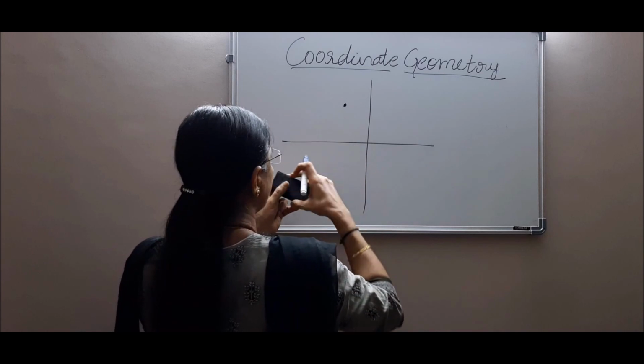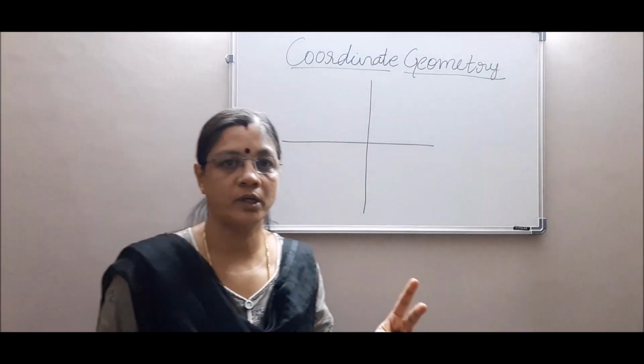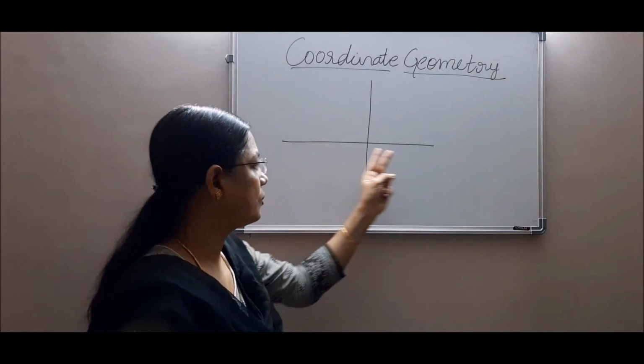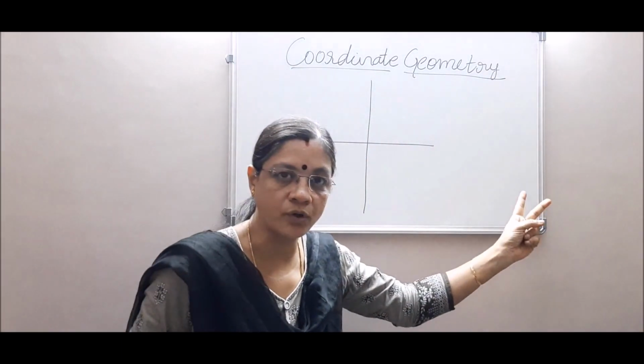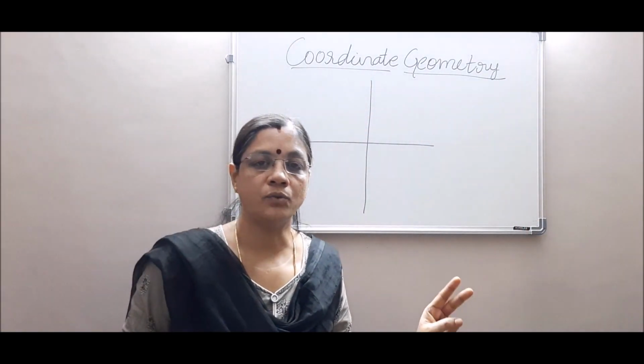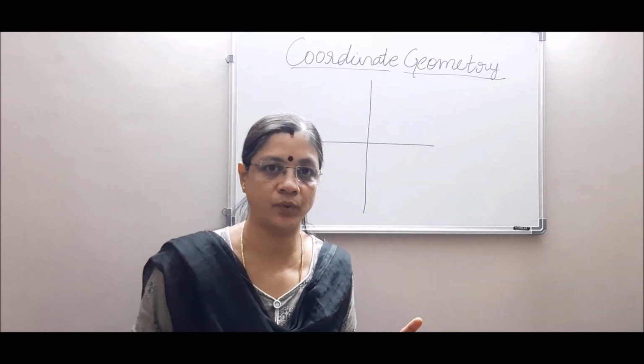I take this point out, I'll make some other point. So we have two perpendicular lines for reference. One is a horizontal line and another one is a vertical line, and these two lines are perpendicular to each other, that is, they make an angle of 90 degrees.